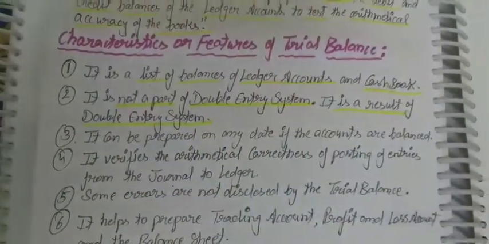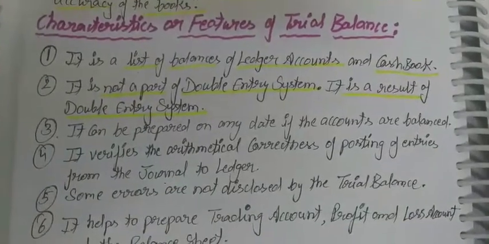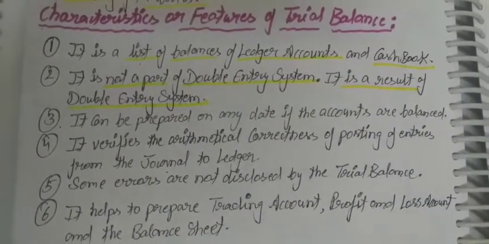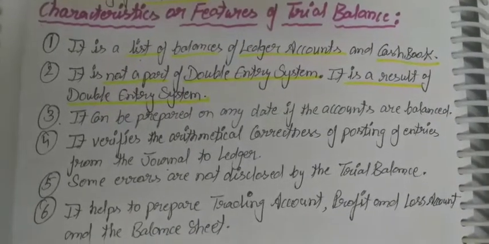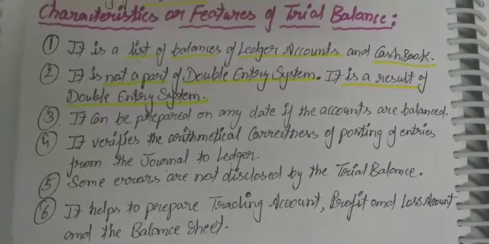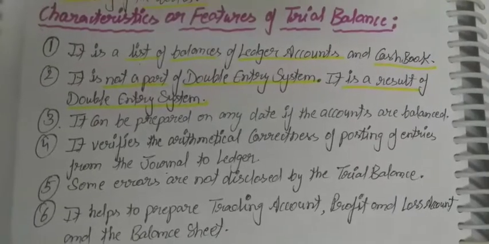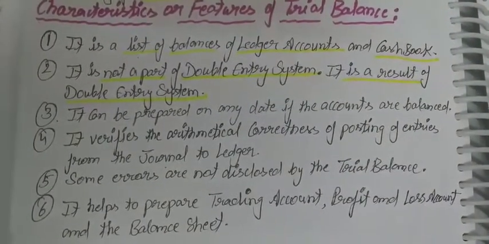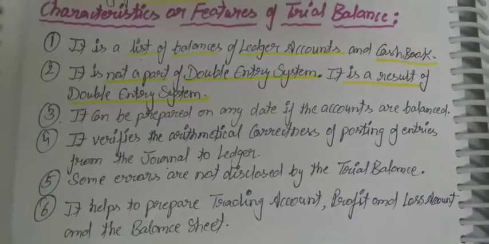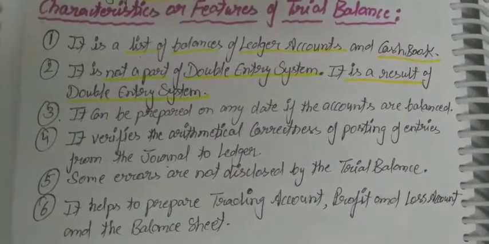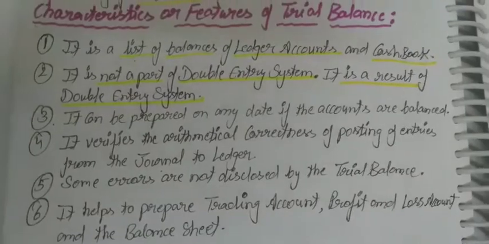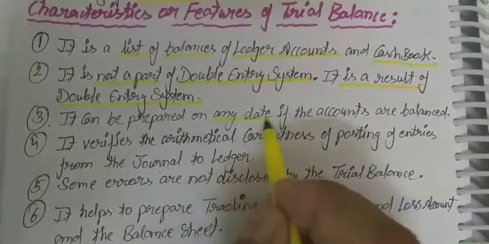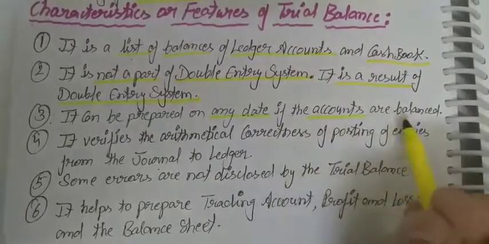If the debit and credit balances of the accounts are equal, then we can say the journal entries we prepared are correctly posted into the ledgers. Next, it can be prepared on any date if the accounts are balanced.